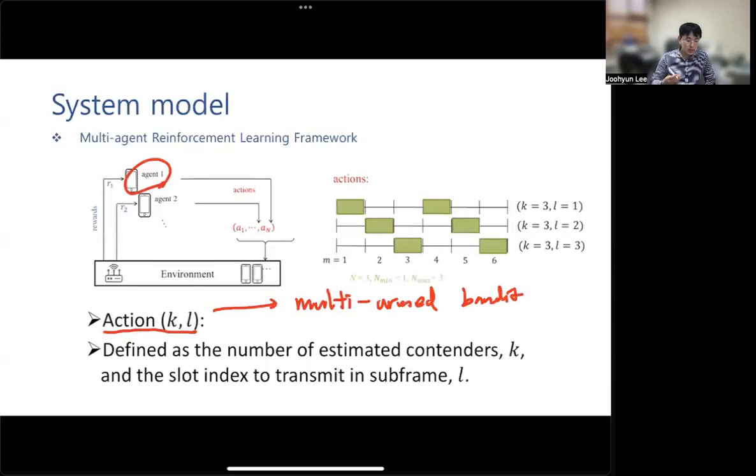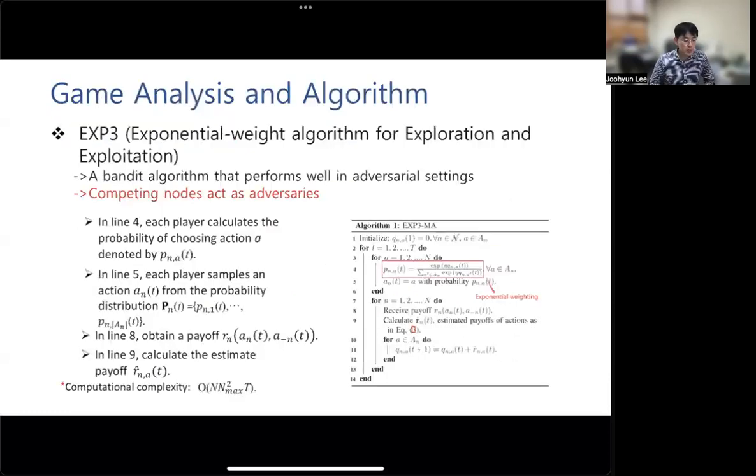And the algorithm that we take is the so-called EXP3, or sometimes it is called the softmax algorithm, which is an abbreviation of exponential weight algorithm for exploration and exploitation. This is a very classic algorithm that can solve a general multi-armed bandit problem.